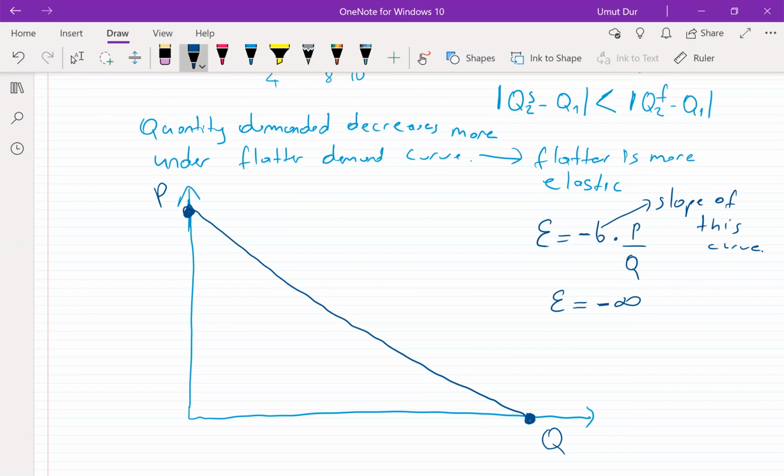So b will be some positive number here. What is the elasticity? Let's say this point is x1, and that is x2. What is elasticity at x1?